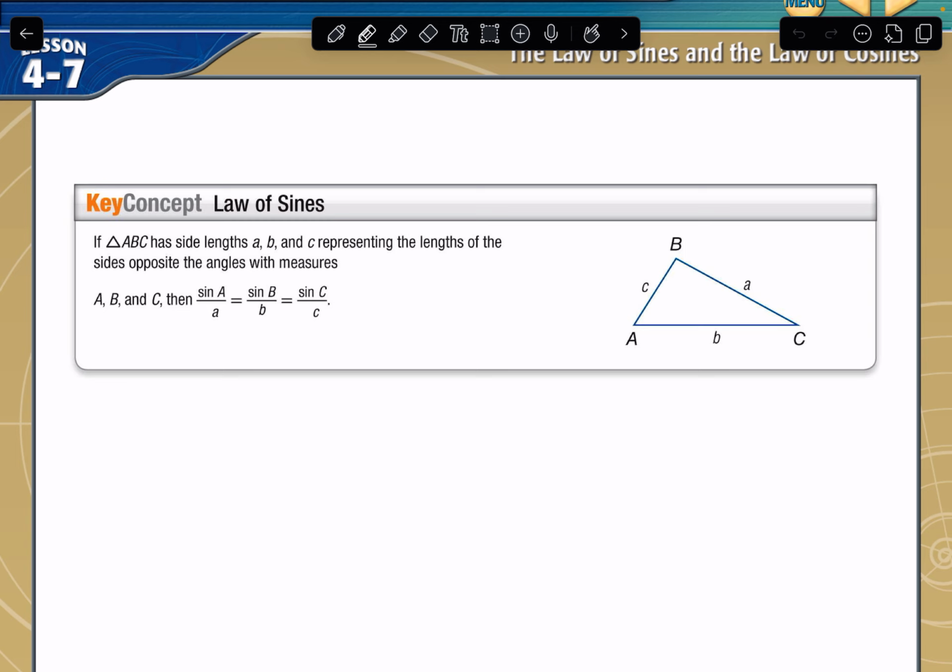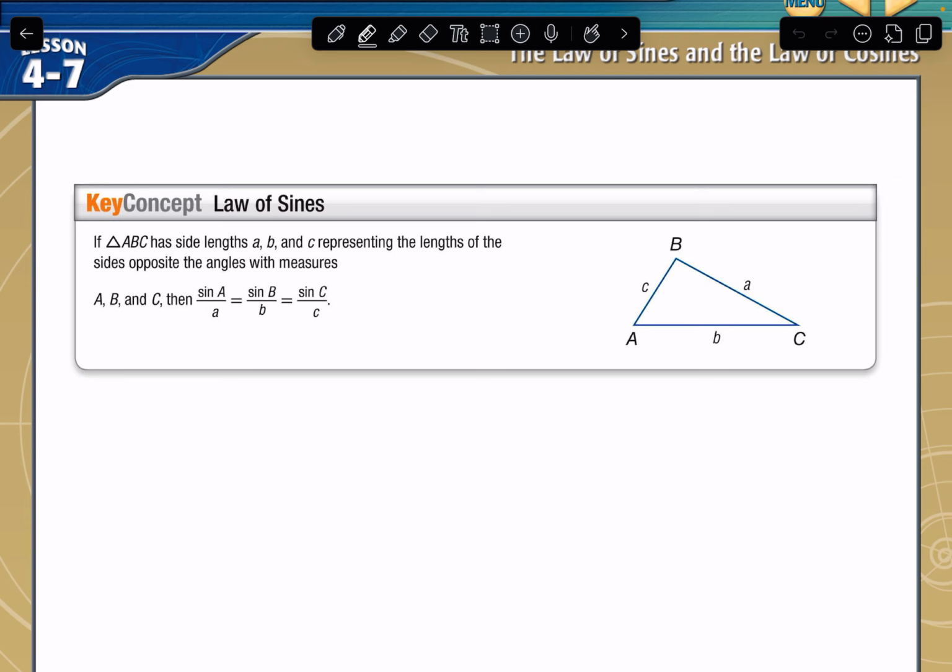So sine A over a is equal to sine B over b, and sine C over c, all equal to each other. These are for triangles that don't have a 90-degree angle measure, which earlier we did everything that had a 90-degree angle, but these necessarily do not.